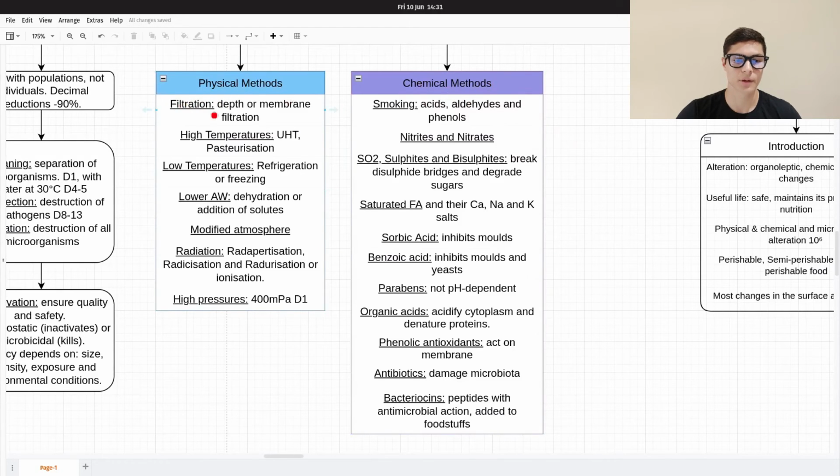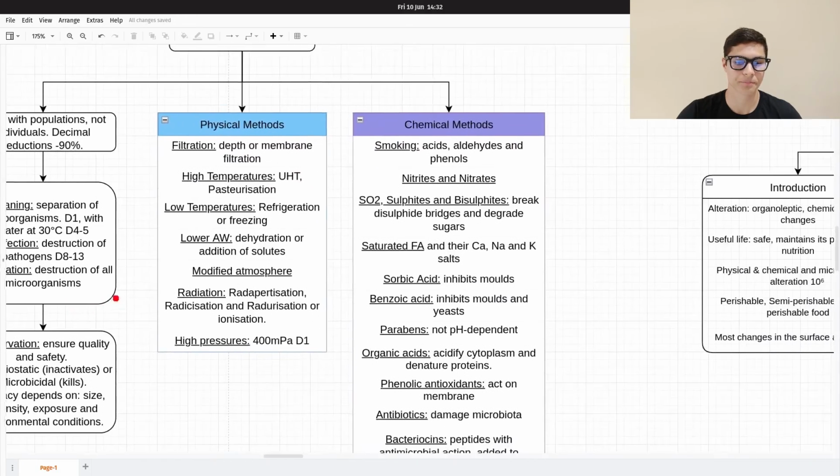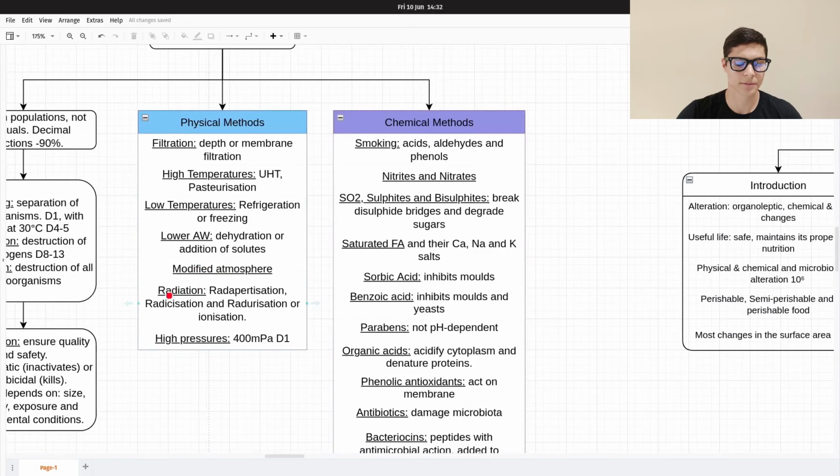Well, we have the filtration with depth or membrane filtration, high temperatures such as UHT, ultra high temperature sterilization and pasteurization, low temperatures such as refrigeration or freezing, and to lower the water activity, dehydration or addition of solids, the modified atmosphere with less oxygen and more CO2, as we saw, it lowers the microbial growth, and radiation as well.